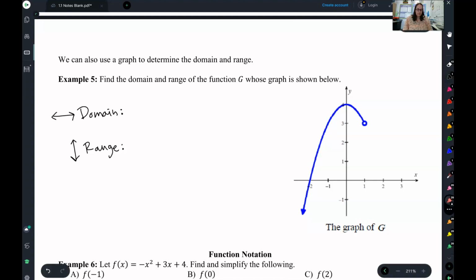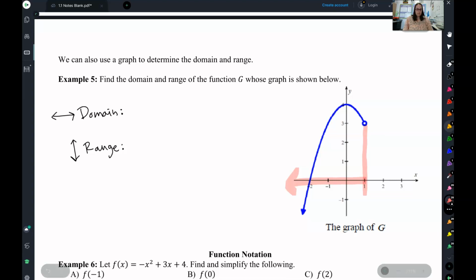So I'm going to look at this graph and think, what are the x values that are used in this graph? If I look right here, it looks like the first x value is right here at x equals 1. And then this graph is going to hit every x value going forever and ever to the left.